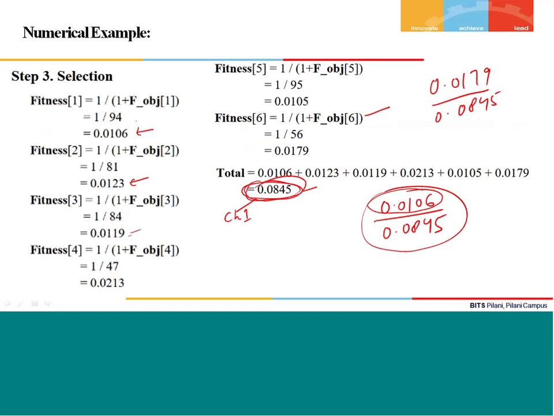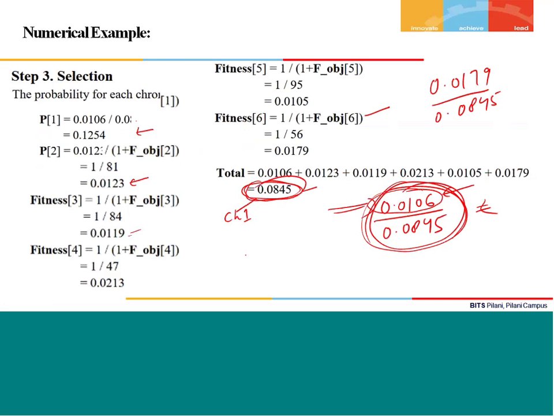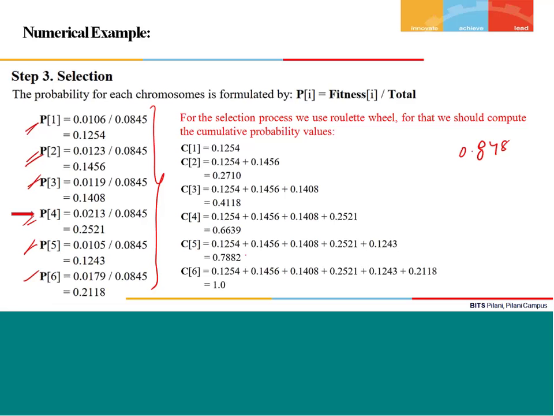Among all, to find out which is the best one, the one having the greater numerator will give you the greater fraction value. So in a very simple sense, chromosomes having a larger fitness value will result in larger probabilities. So here, for example, this is the largest value I got so far, so this is the largest probability.